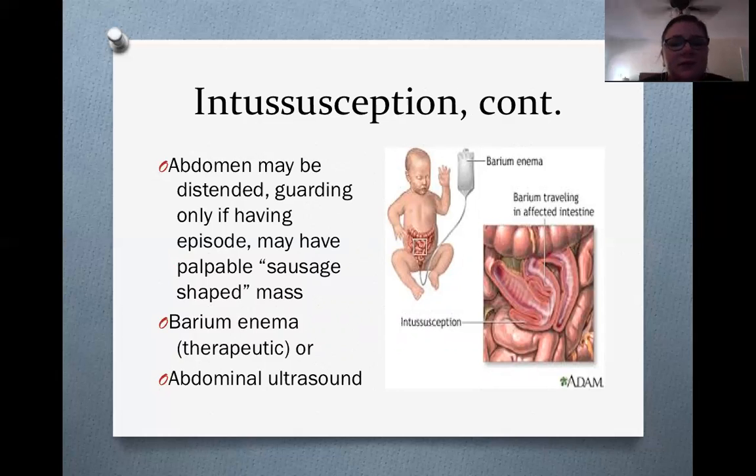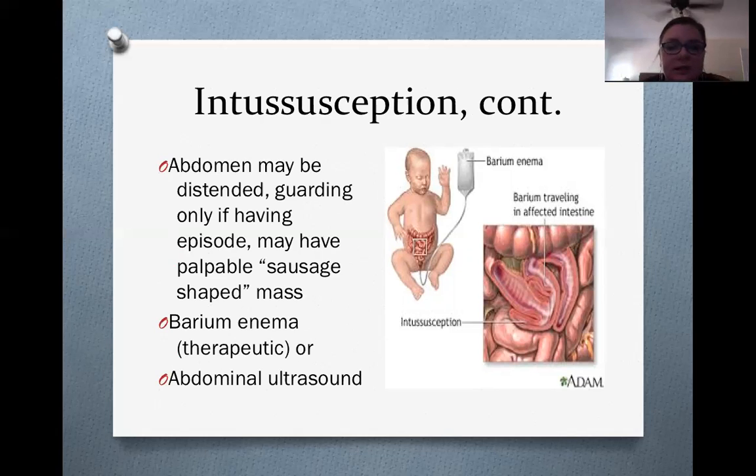You may feel a sausage-shaped mass where the intestines are telescoping there, but the way that we treat it is a barium enema, and so that actually will diagnose it, and it also hopefully will resolve it. Like the barium enema, the barium's so thick that it pushes the telescoped portion of the intestine out and pushes it back to its normal shape.